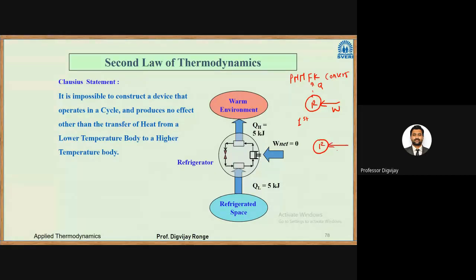Refrigerator can take the work and release an equivalent amount of heat. So the first law says that this is possible. But the second law, or the process statement, says that this is also not possible.